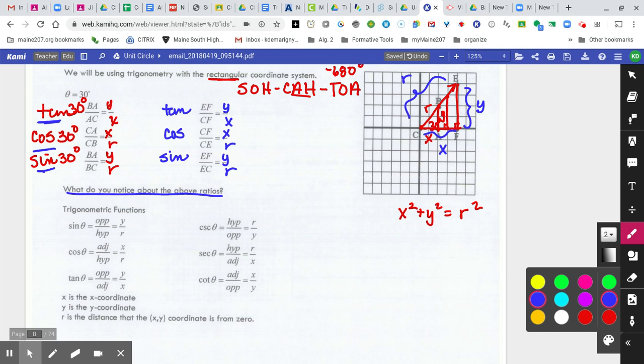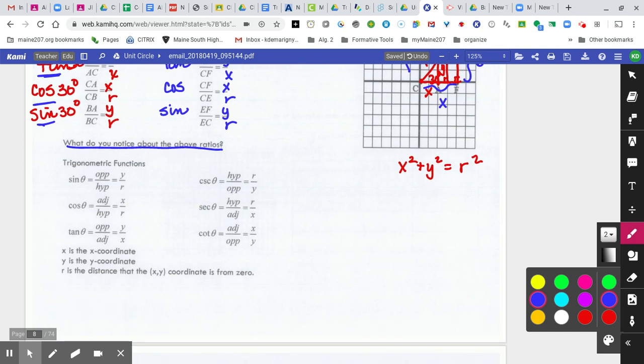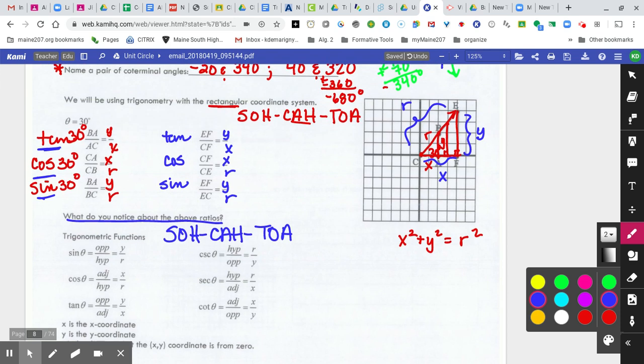Just in case you've forgotten, this is what we learned in chapter 1. It's SOHCAHTOA. Once you have your reference triangle, your sine is opposite over hypotenuse. If we looked back, for a 30-degree angle my opposite would be y and my hypotenuse would be r.